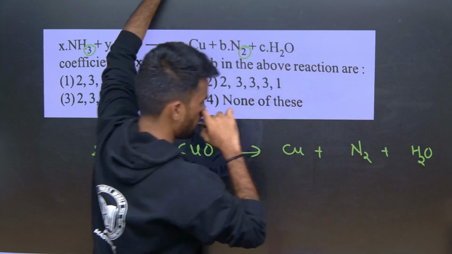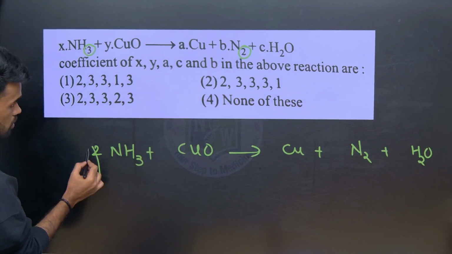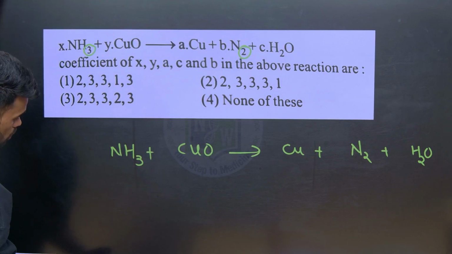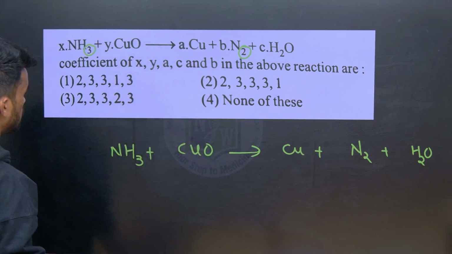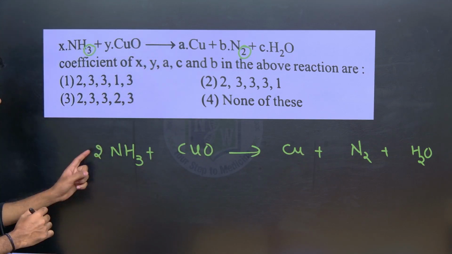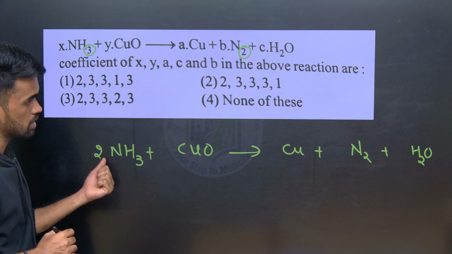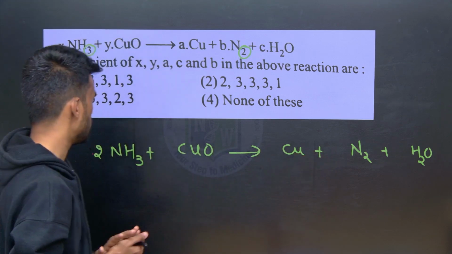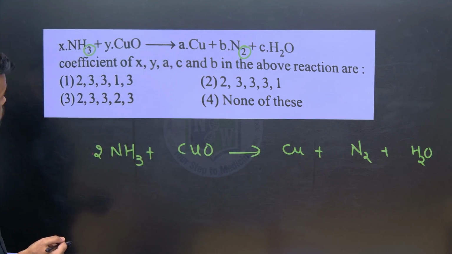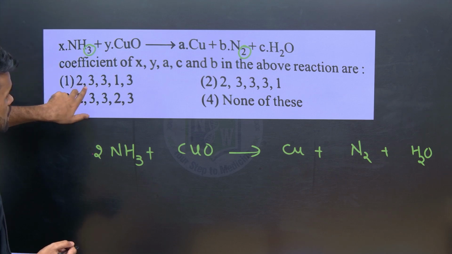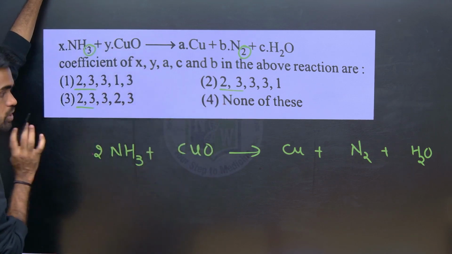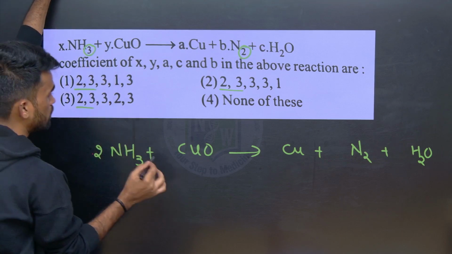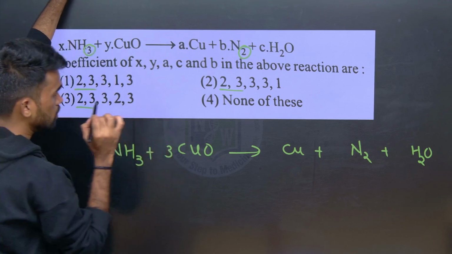Okay, so now here we have N2 now. So I am taking here 2. Okay, so totally how many nitrogens are there? 2 nitrogens are there. Okay, now let us say we are placing this. Let us say, because in all the options it is 2, 3, 2, 3, 2, 3, that's why I have taken 2 here. And let us say here we have 3.